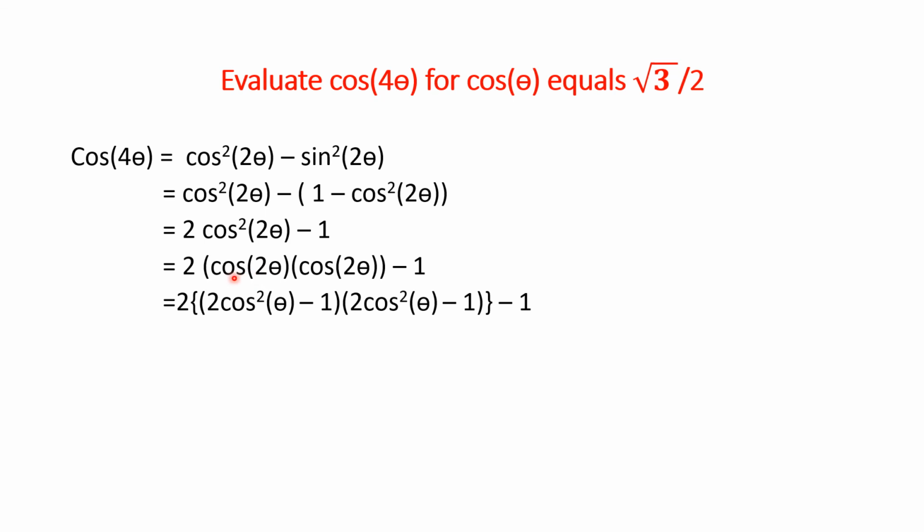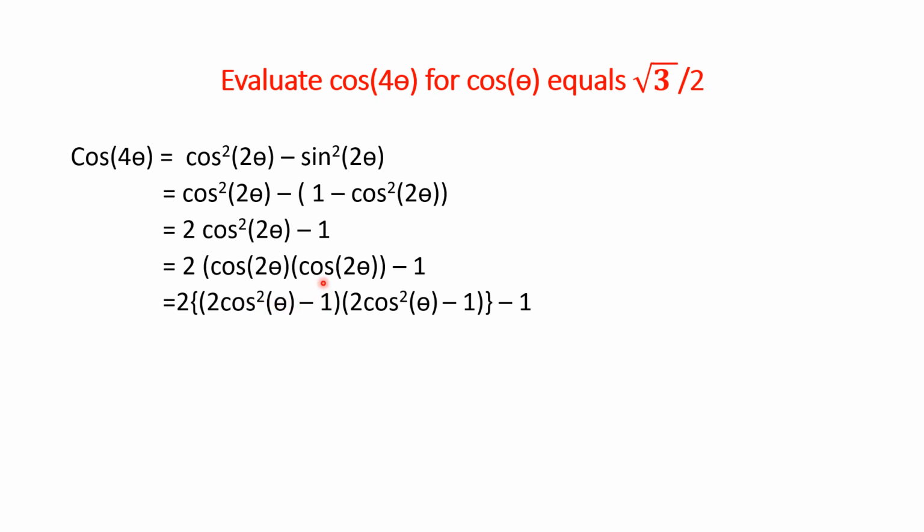We can replace this by 2 cosine squared theta minus 1, and the same for this value, 2 cosine squared theta minus 1, and then minus 1. All we did is use the halving rule: cosine 2 theta is equal to twice cosine squared theta minus 1.